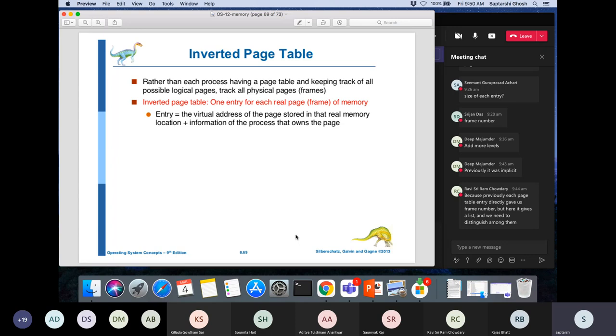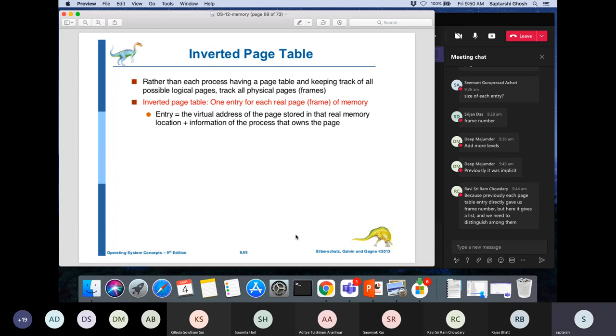Till now we were saying that from the logical address space we will go to the physical address space, and each process has its own page table and so on. Now we are inverting the situation, and we will store just one page table, system-wide. System-wide, there will be just one table, called an inverted page table, and it will have one entry for every frame in the memory.